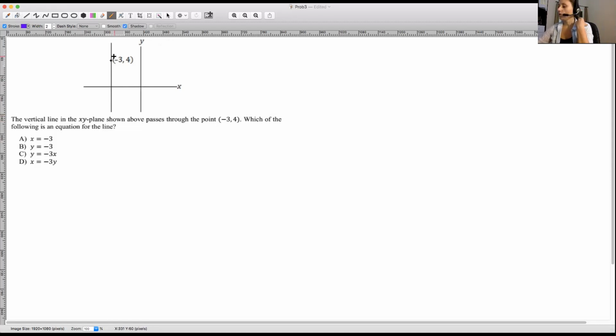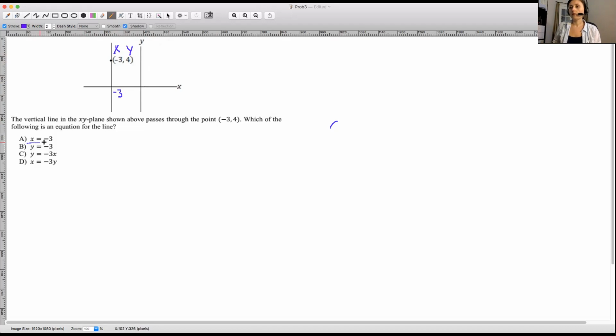We know that the first term is x when we write it down as a coordinate, and the second term is y, right? So we know that has to be -3. Pretty obvious.